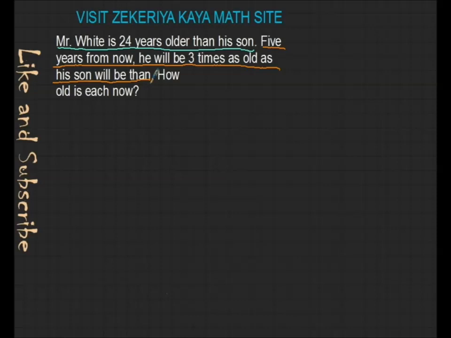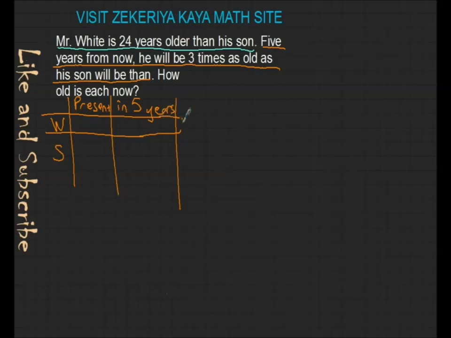So, remember that Mr. White and, let's say, his son, we draw a table. We write their present ages and their ages in 5 years, that means after 5 years. Now everybody, the idea is, we must name their ages by using algebraic expressions.